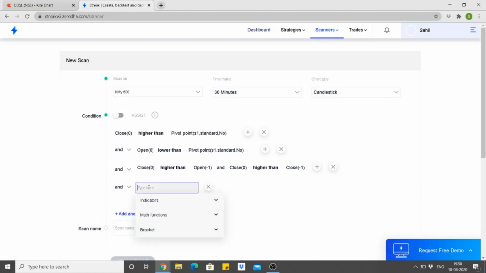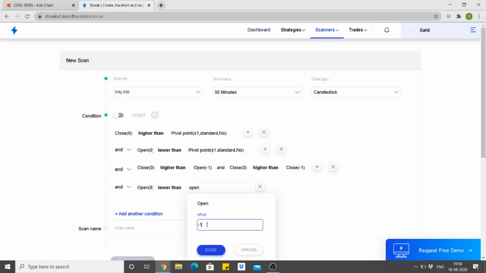And on the other hand, our most recent opening price must be lower than the previous opening and closing prices. In this way, we have successfully defined an engulfing pattern wherein the open and the close of the previous candle are both within the true range of the current candle.